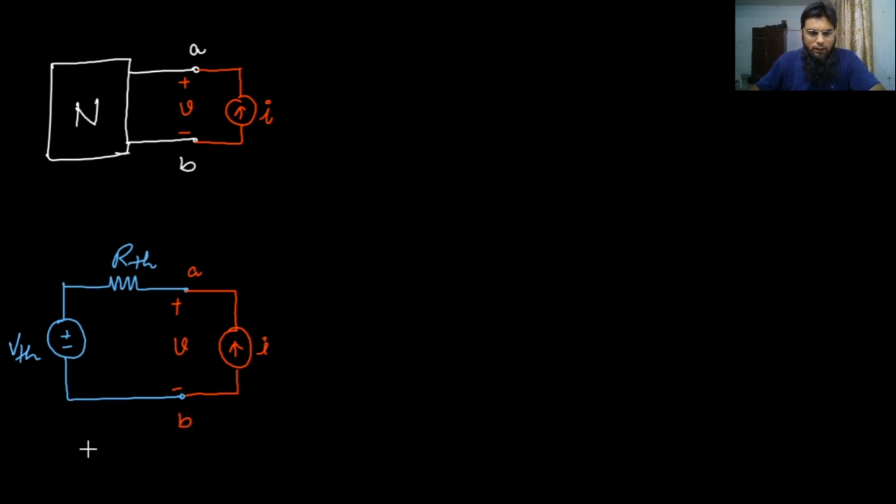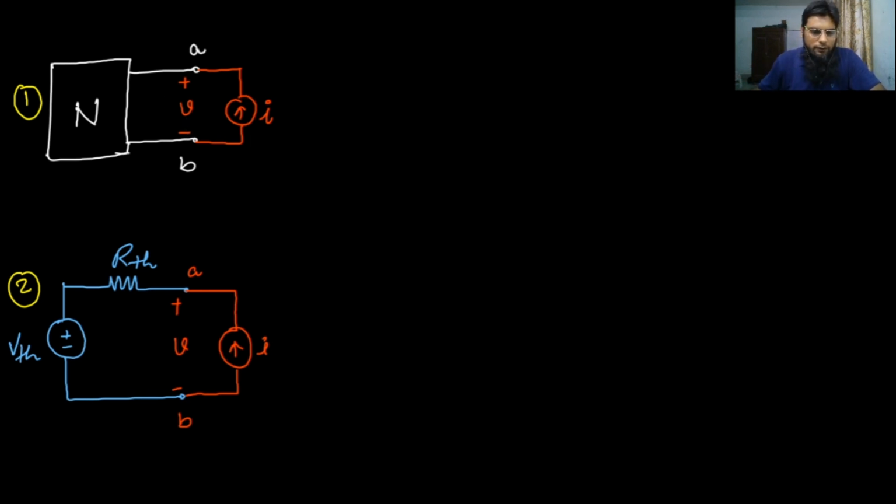Now, if the voltage and current relationship in these two networks, let us consider this is 1 and this is 2, are identical, then we say that these two networks are identical, which means that we have proved Thevenin's theorem. So let us start.